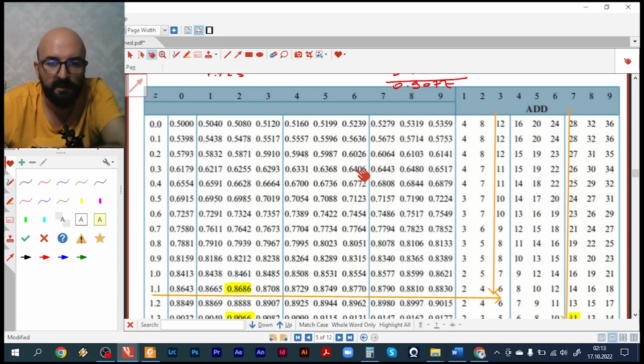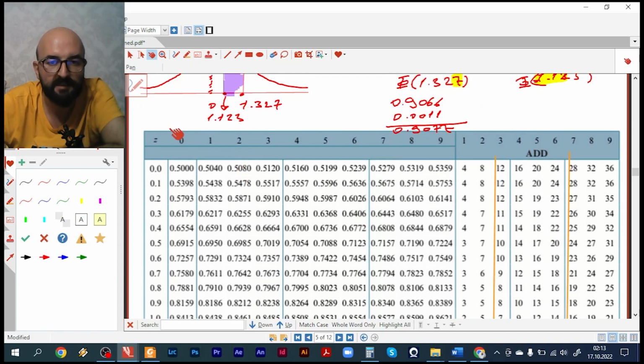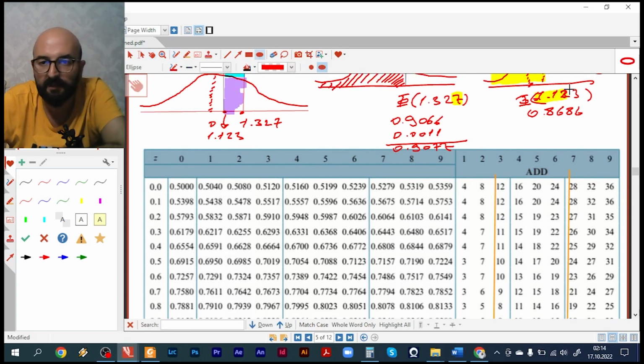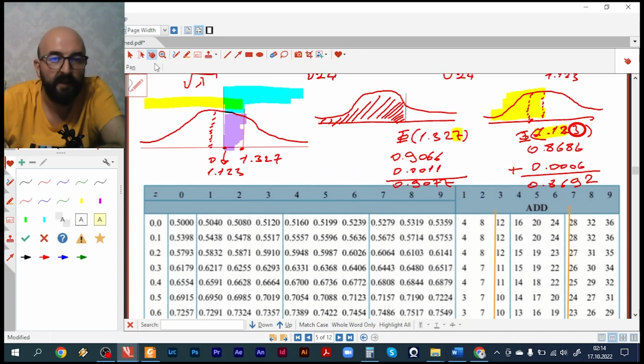So it means 0.8686. For the last digit 3, please remember that it shows us 6, so we should add 0.0006 and it becomes 12 and 1 carries on the 8, so 0.8692.